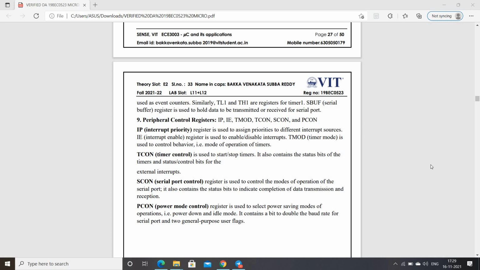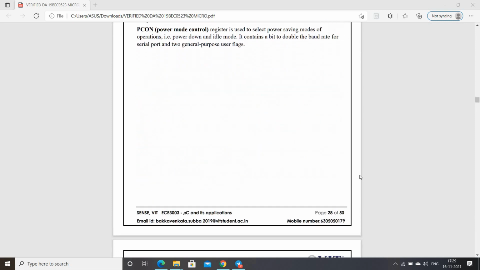In that we have interrupt priority, timer control, serial port control, and power mode control.